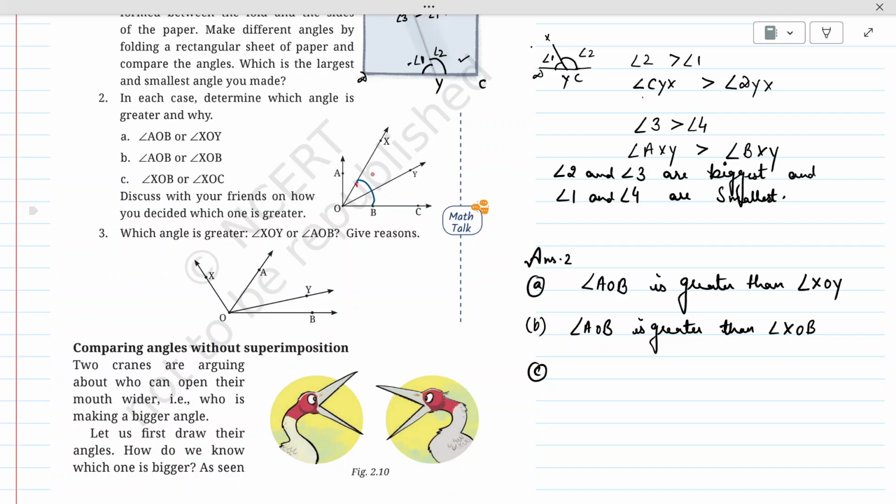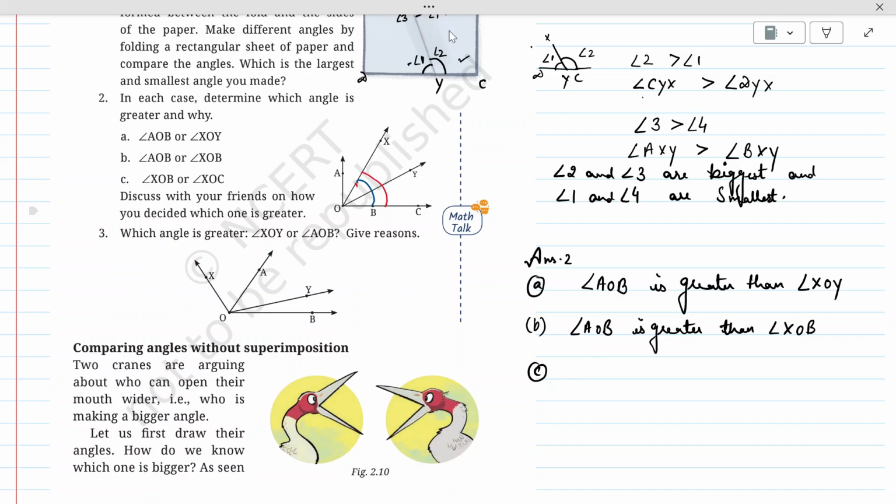So we are talking about the same angle, XOB and XOC. These two are the same because the vertex is the same and the arms are also on the same lines. Okay, OB and OC coincide. OX is the same, O is the vertex. So the angles are also the same.